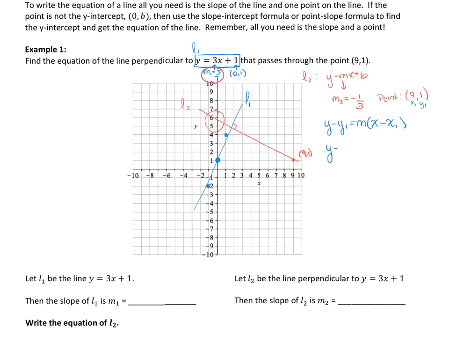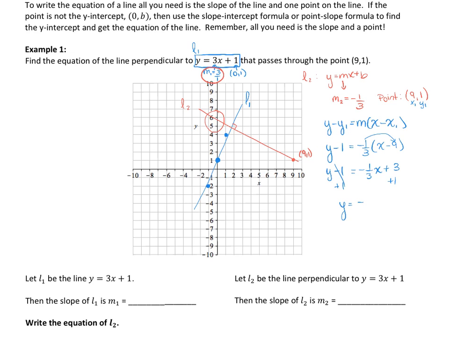I bring down the y, substitute 1 for y sub 1, our slope is negative 1/3, and then x minus 9. Now let's distribute the negative 1/3. That's negative 1/3 x plus 9 over 3, since negative 1/3 times negative 9 is positive 9 over 3, which simplifies to 3. I bring down the left-hand side, and my last step is to add 1 to both sides.